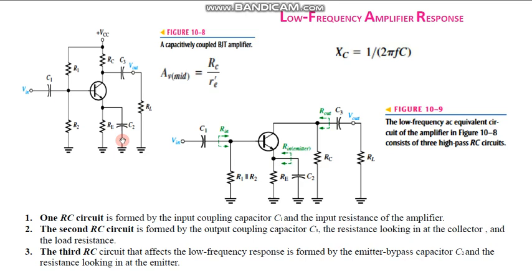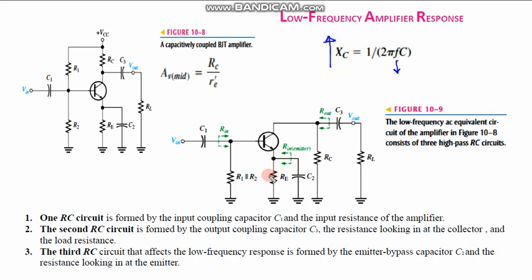It says that if this is a common emitter amplifier, because of the low frequency response, if frequency is decreased, we have an increase in the reactance of the capacitor.